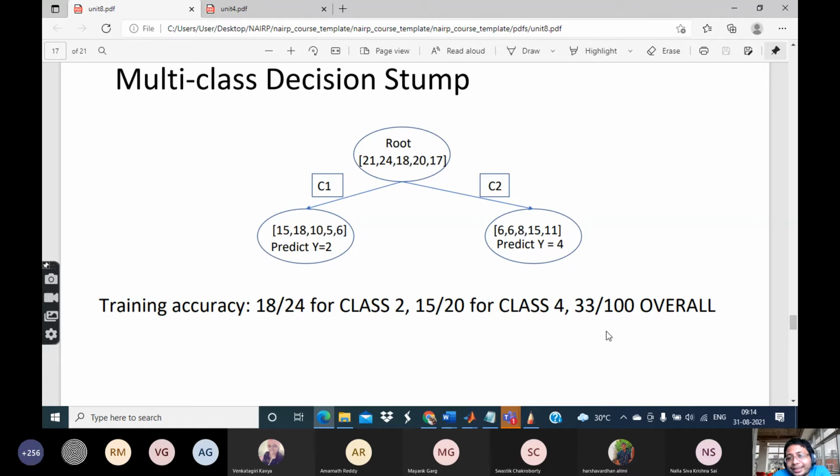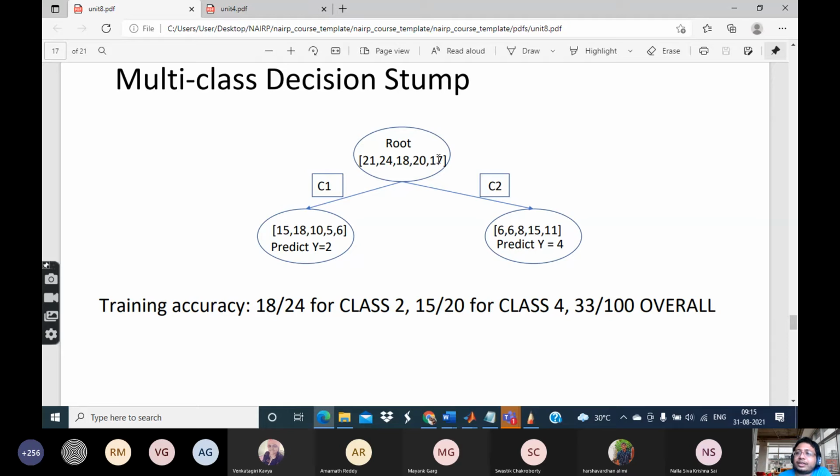Now, this 33 out of 100, as I said, is a low number, but given that this is not a binary classification problem, this is in fact a 5-level classification problem. So here a random classifier is expected to give us accuracy of how much? Yes? 20%.